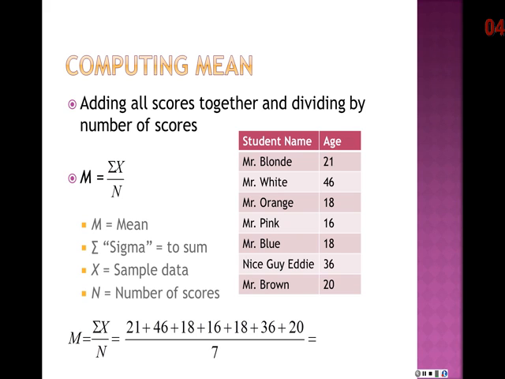Okay, it's been about a minute, and if you came up with the answer of 25, then you are correct. The average score in this group of students is 25 years of age.